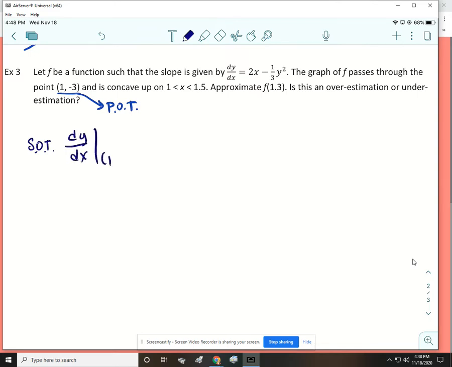We'll plug our point in for the x and the y. So 2 times 1 is 2. Negative 3 squared is 9. And then 9 times 1/3 is 3. That's going to be negative 1 for your slope.